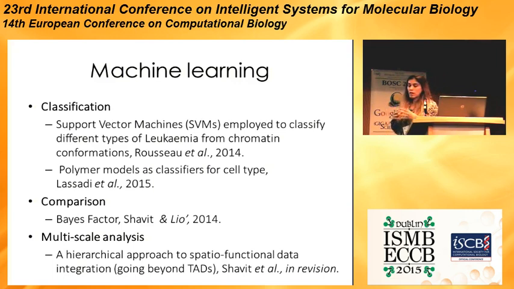Another paper that just came out is using, again, these 3D models as classifiers of cell types. So you see that there is an emerging trend of using the spatial information or the spatial context in order to better classify diseases or cell types and to complement what we already know.